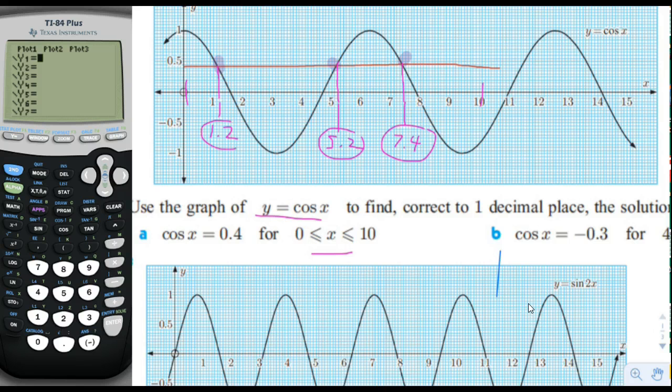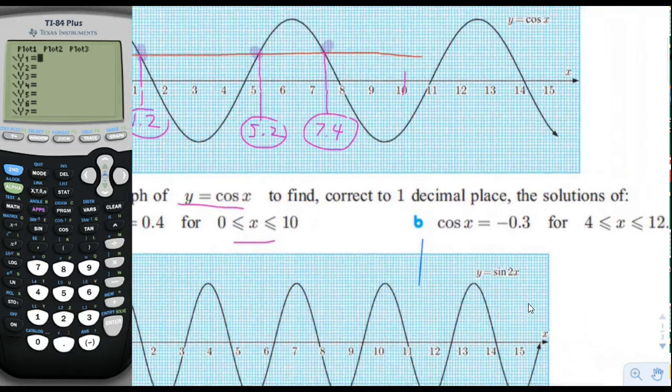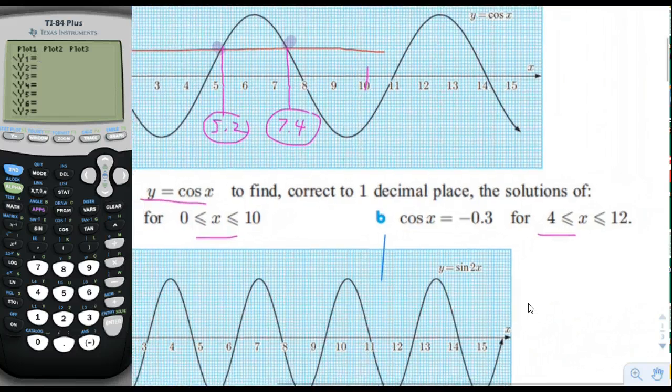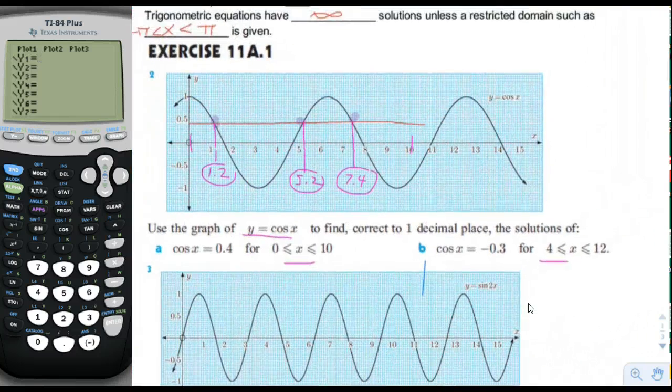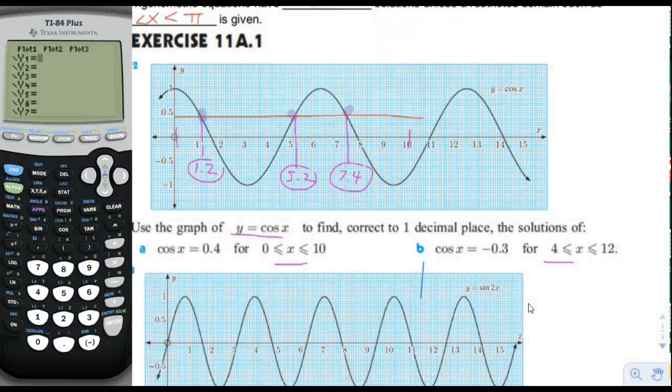Then the next one says cosine of x equals -0.3 for the domain 4 to 12. So 4 to 12 would be between these two, and we want to know when the cosine of x equals -0.3.